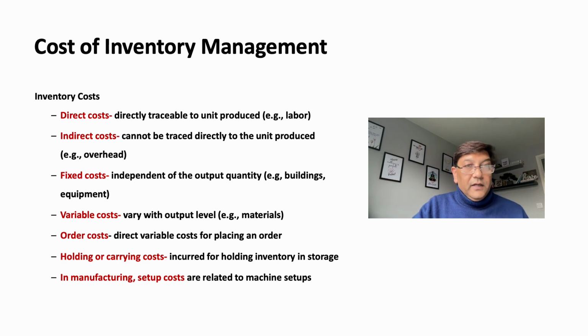Fixed cost is independent of the output quantity. For example, the buildings, equipment, anything we are using to support the operations to manufacture something, has fixed cost.